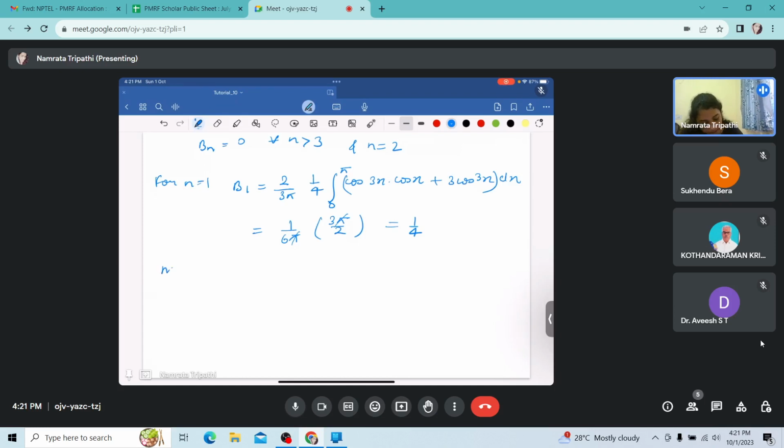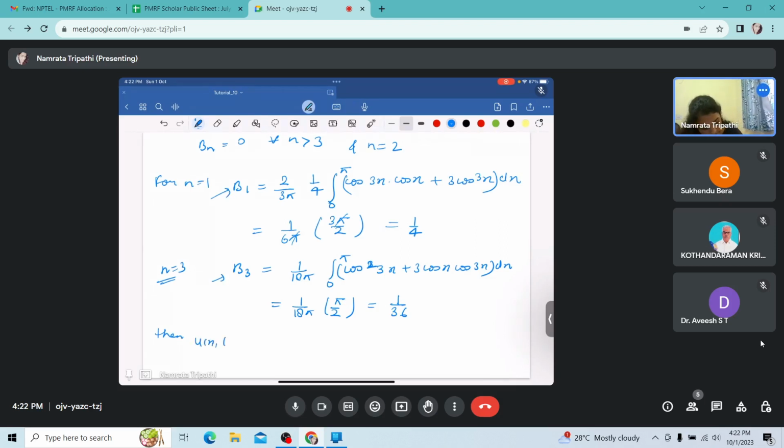And similarly for n equals 3 you will get pi by 2 after integration. These are simple integrations you can solve by yourself. So we got only the values of b1 and b3, and the rest of bn is 0.